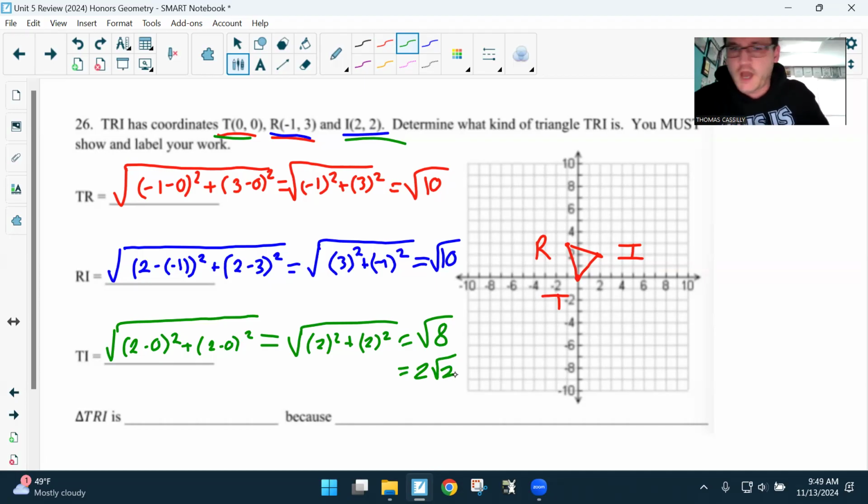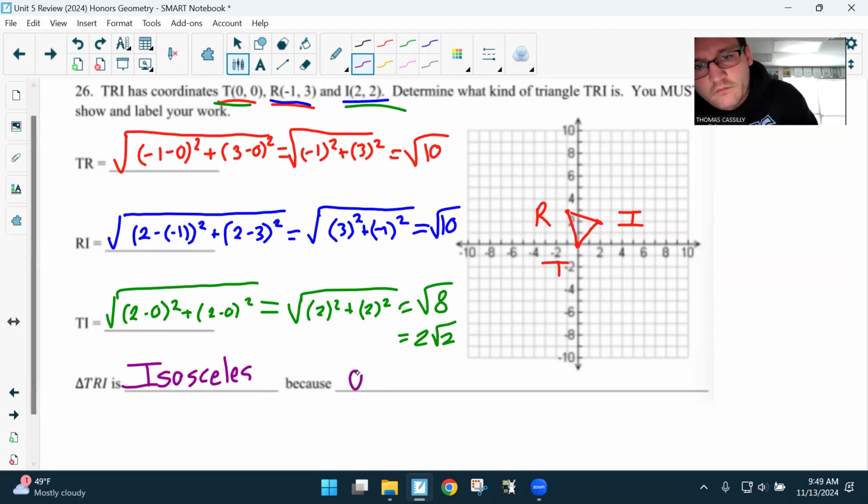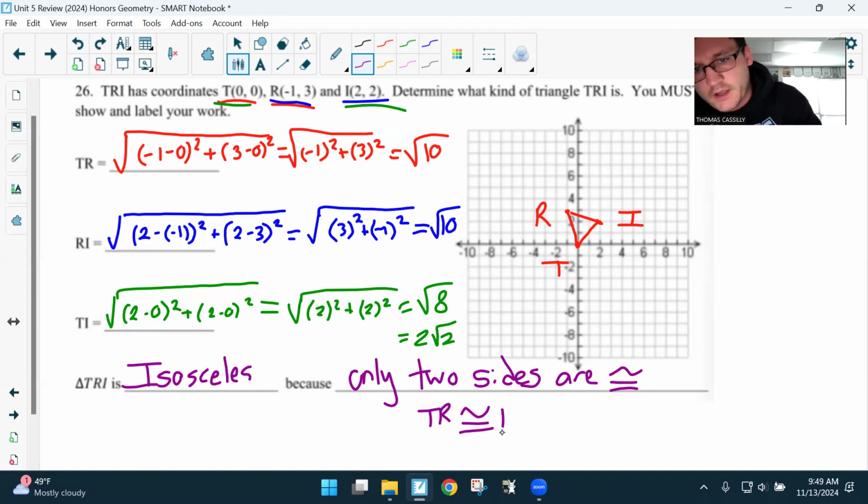Well, hey, those are not equal to each other. So for triangle TRI, we can conclude it is isosceles, because only two sides are congruent. And if I want to make a note of that, I can say TR is congruent to RI. And that one is done.